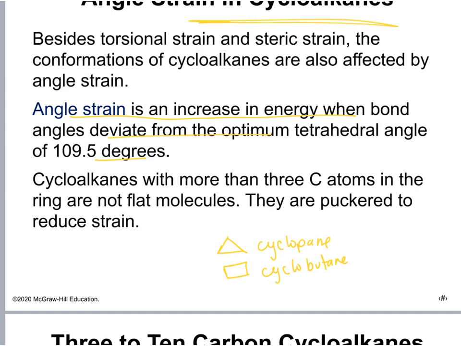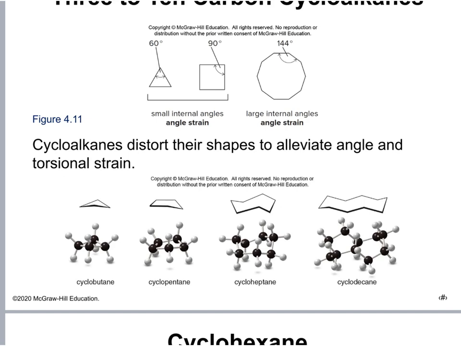And if these slides did not convert over, you have access to them. These are all sp3 carbons, so they should have 109.5 degree bond angles. As you can see, this has a 90 degree, this has a 60 degree, and large internal angles that deviate greater than 109 are still considered angle strain.